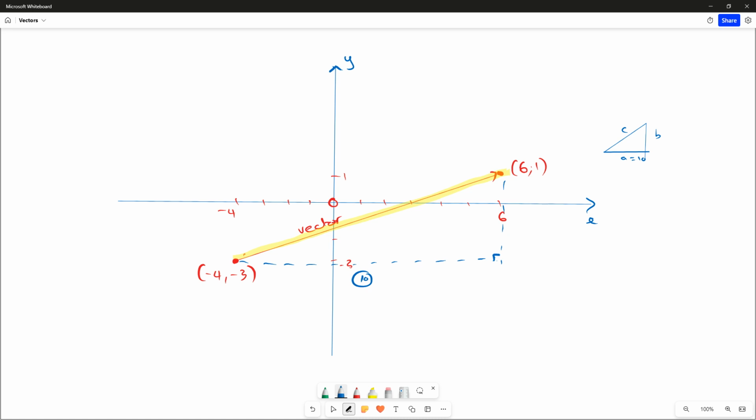And this length over here, I've moved 3 parts up and 1 part of 4, so this whole length is 4.